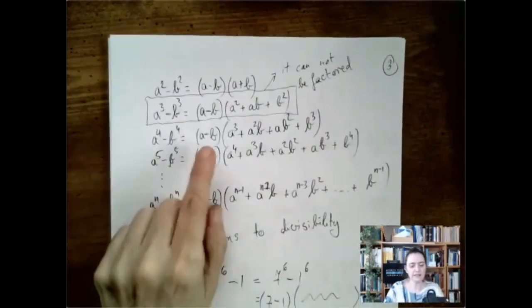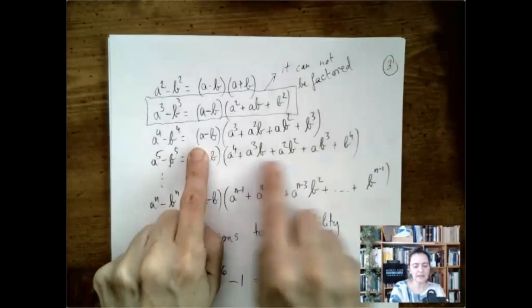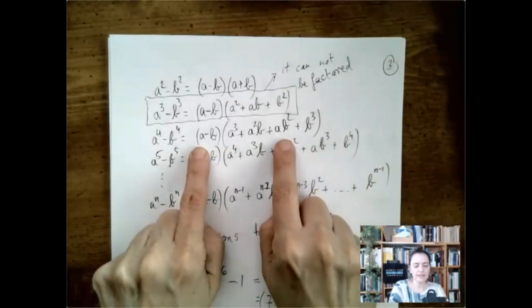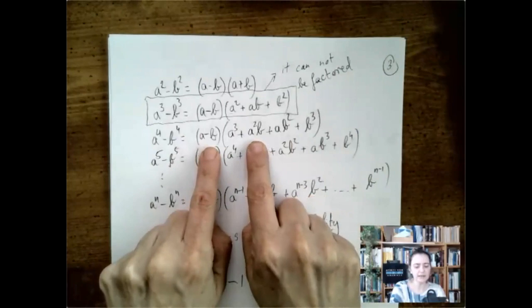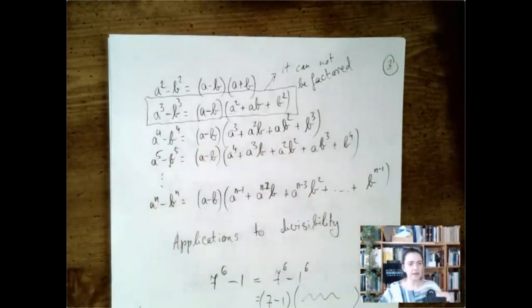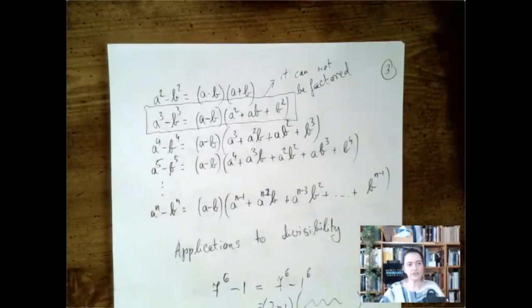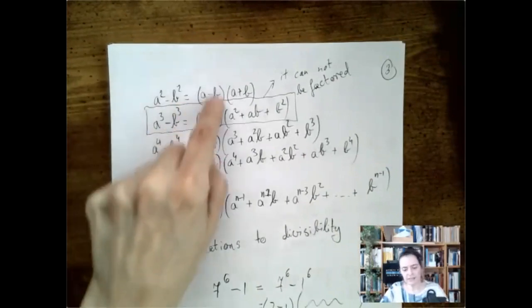And if you look here, if you multiply a by a squared b squared, you get a squared b squared. Well, we get minus that if you multiply these two. Minus b times a squared b squared. Those two will cancel out. So this is just a generalization of the idea of conjugates. But the conjugacy is always in the short piece.